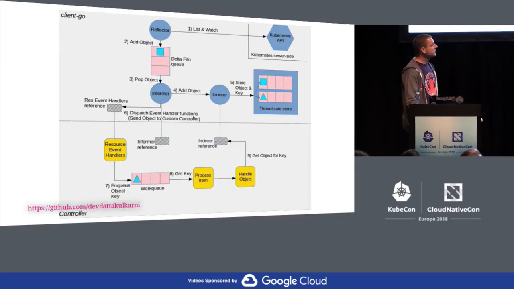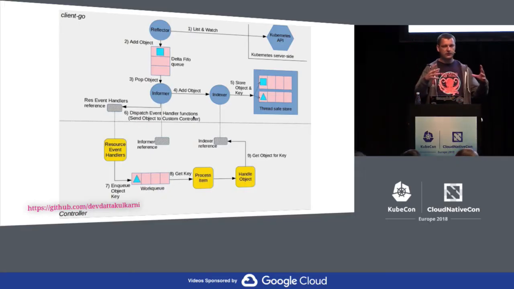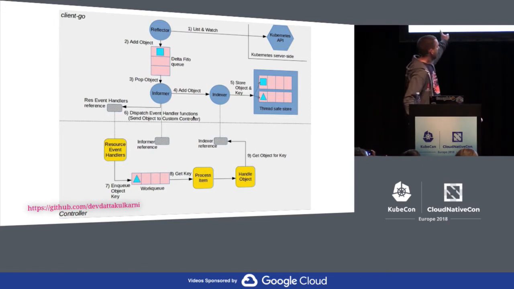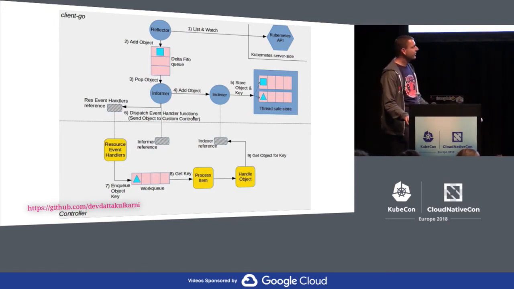Okay, remember the picture that I mentioned? This is basically how the shared informers are interacting with the controllers. And all the credit goes to this guy here. I didn't do it.